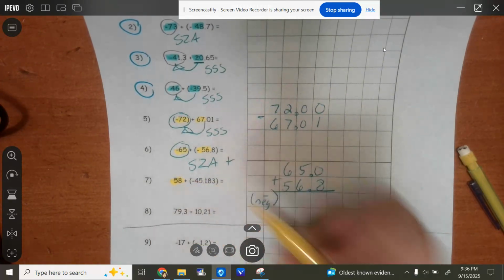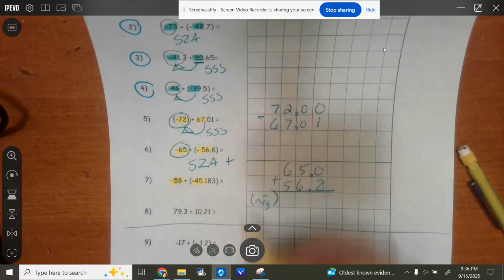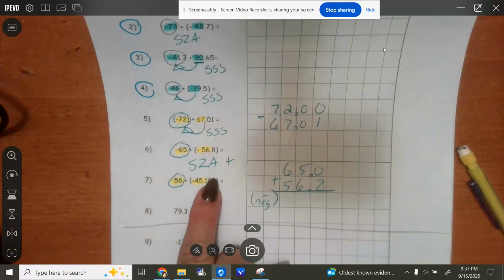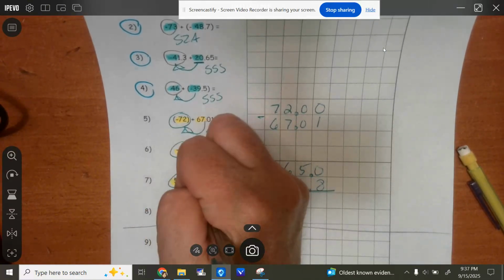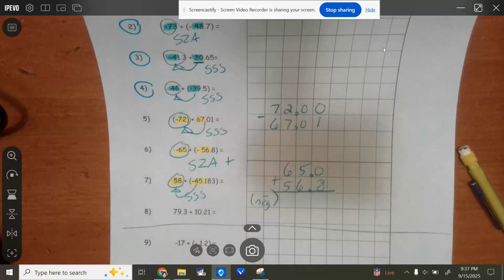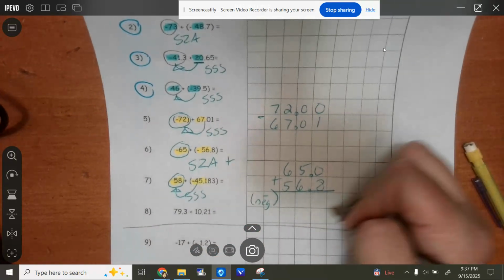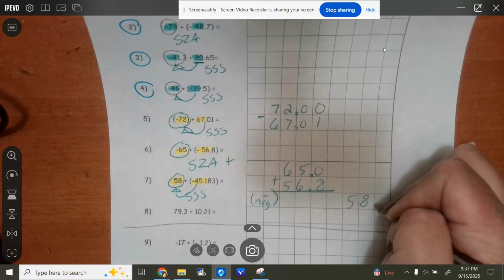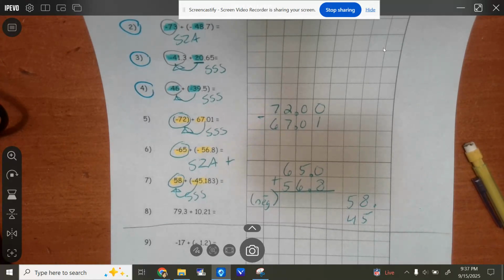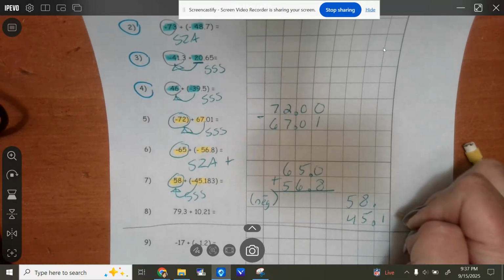I have a whole number 58 and a negative 45 here. So this is my larger absolute value. I have one of each, so there's definitely some swinging here. This one is going to swing under here, which means I'm going to have my 58 on top, and then my 45 over here, 0.183.